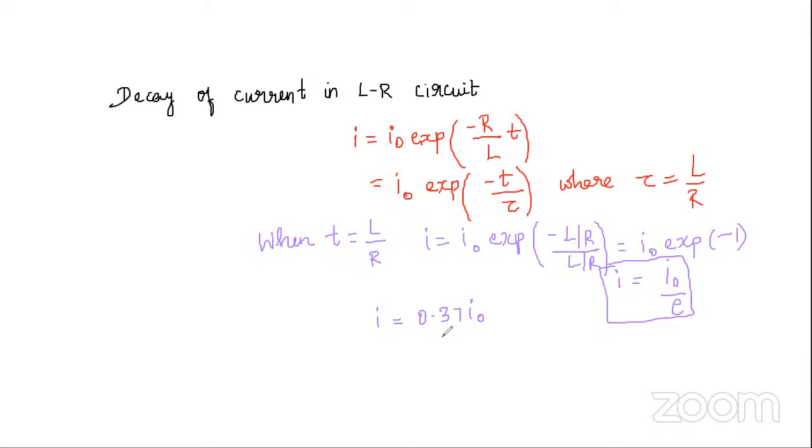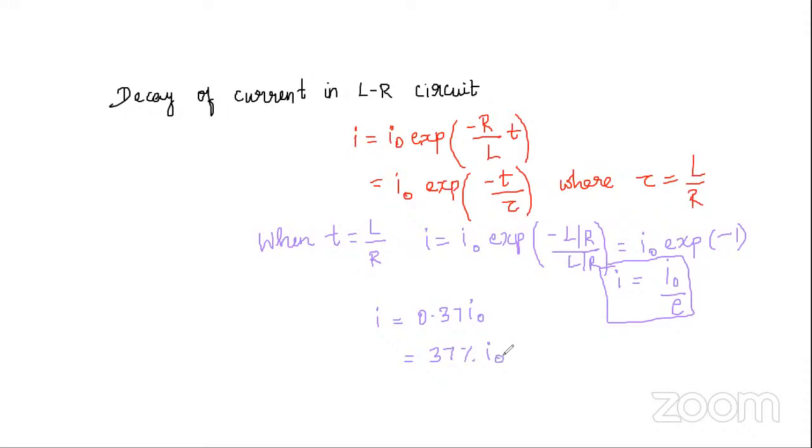When the time is equal to the time constant, I equals 37% of I naught.